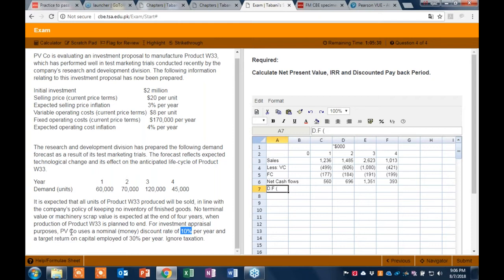So since in this question we've already been given the nominal discount rate, we do not need to bother a lot, we just need to incorporate it. So the discount factor is 10%, which is nominal, luckily. So let's calculate the discount factor using the 10% rate, power minus 1.